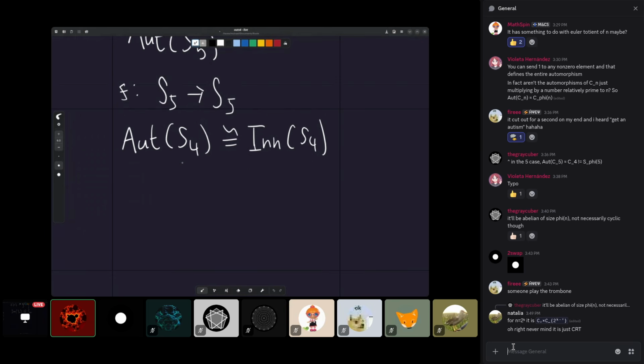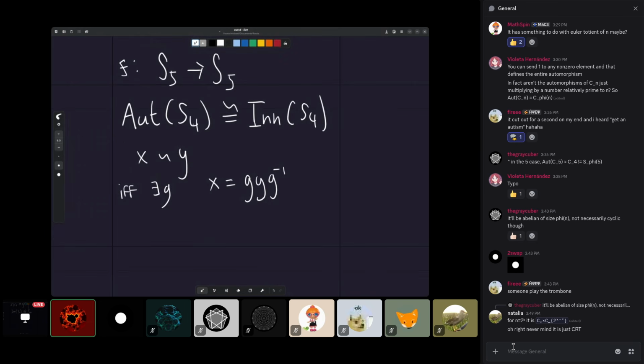But the short version is you have the relation of conjugacy in S4, as in for x and y, you say x is conjugate to y if there exists a g such that x is conjugate to y, meaning you have this sort of thing.